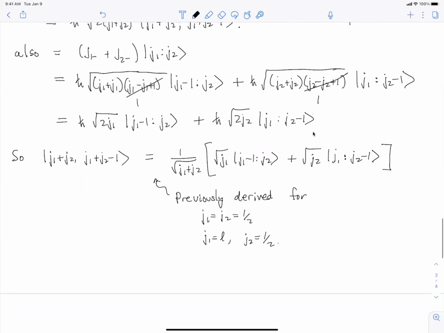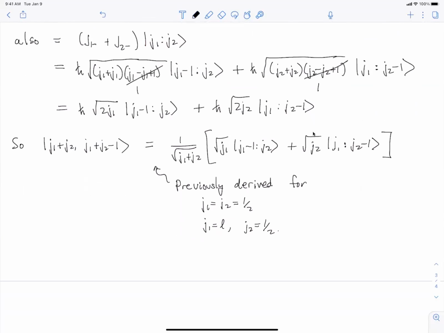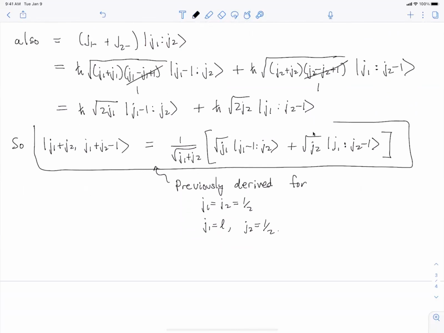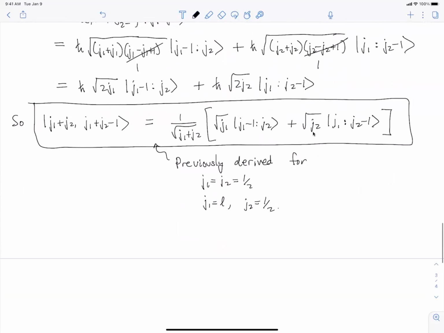Now you just keep doing this. This is our new boxed equation, let's say, and you act with J minus again. You write J minus in two different ways, so you have two expressions that have to be equal to each other, and then you can solve for the total angular momentum basis states.